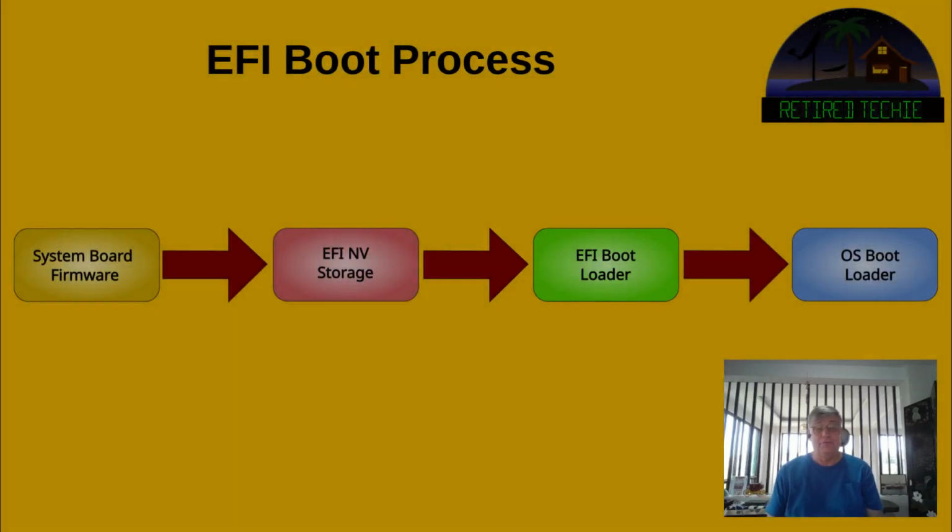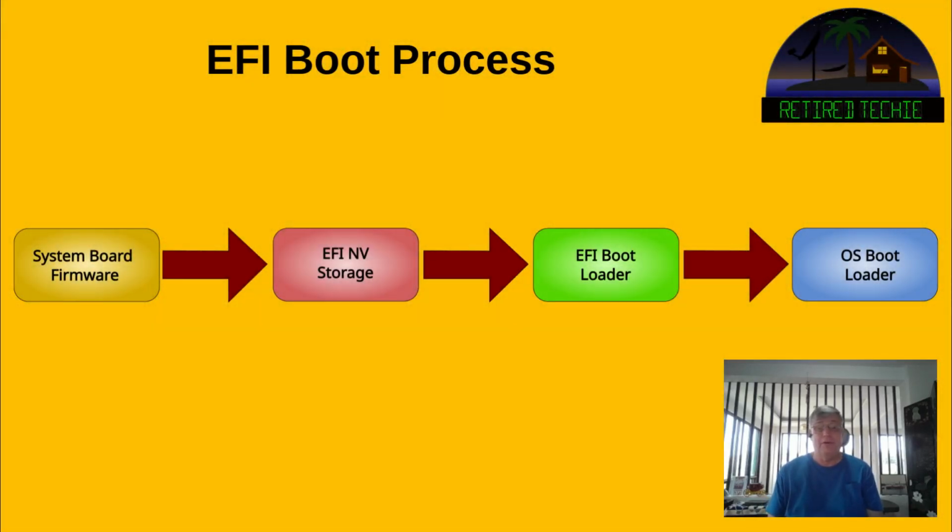So our system board boots its firmware, which looks for an EFI NV or non-volatile storage. It's a small piece of non-volatile RAM where the boot order is saved. The boot order is saved on the motherboard.